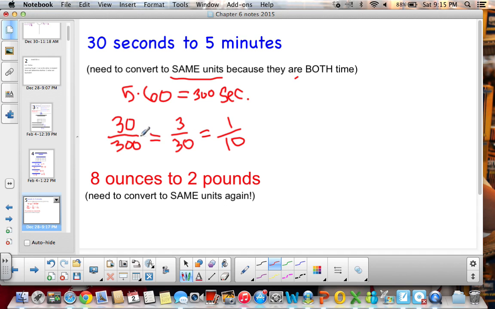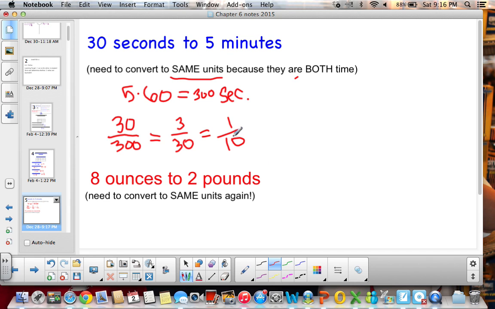Sometimes in our head it's just easier to think, oh, I can just divide by 10 and then go from there. So either way. So this tells us now we converted it down, so 30 seconds to 5 minutes would be 1 second to 10 seconds because we converted this to seconds.